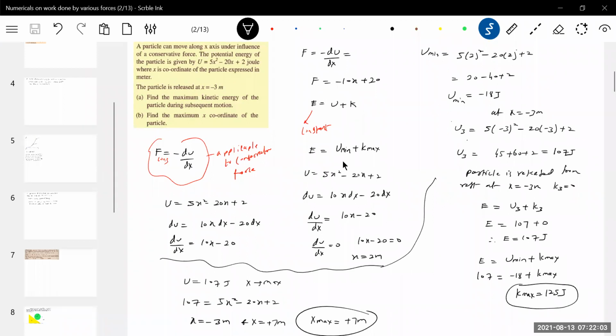So the particle will be at rest at x equal to minus 3 and at x equal to plus 7, because they are the extreme points. So we'll add that information also: it will be at rest at these points.